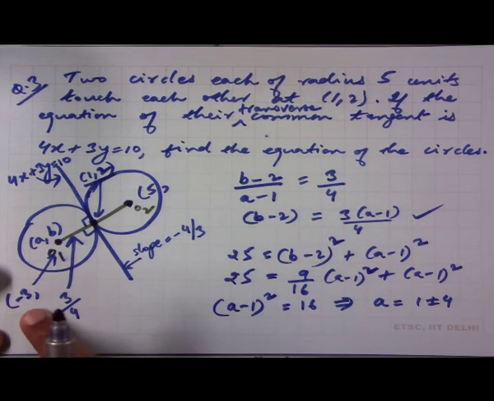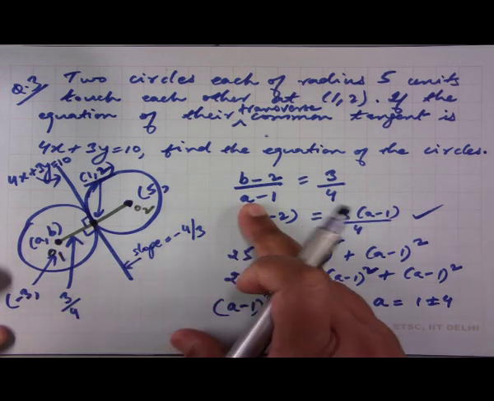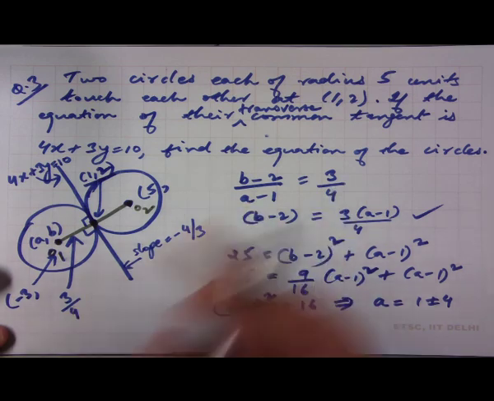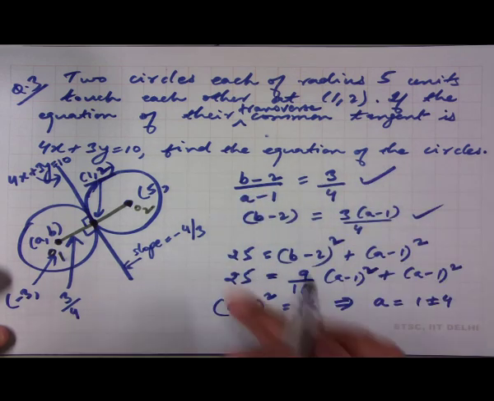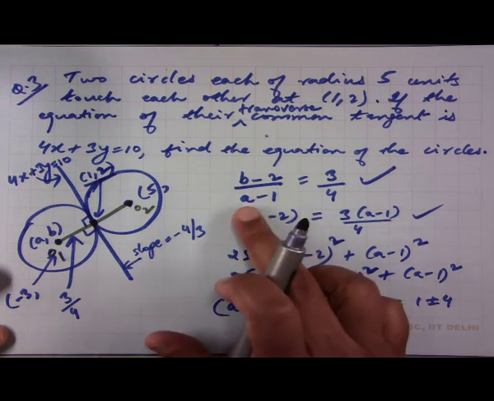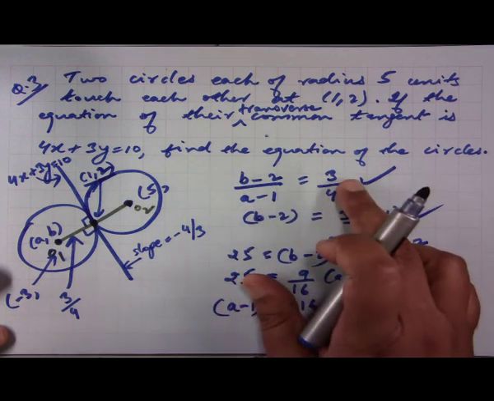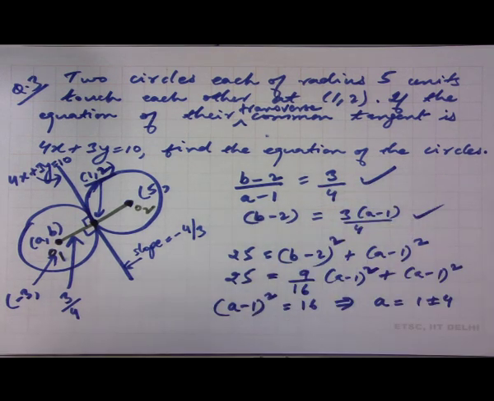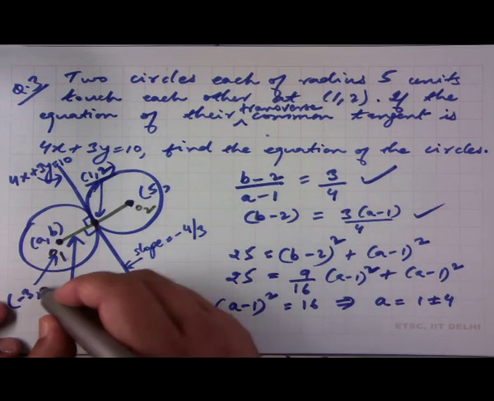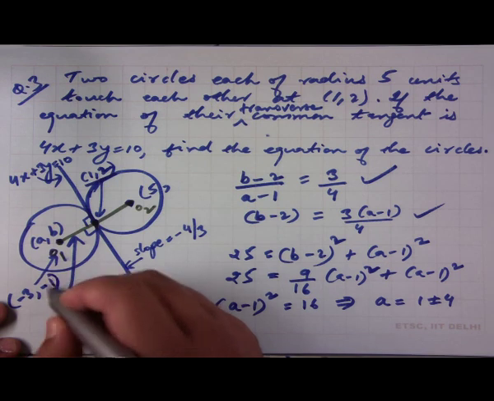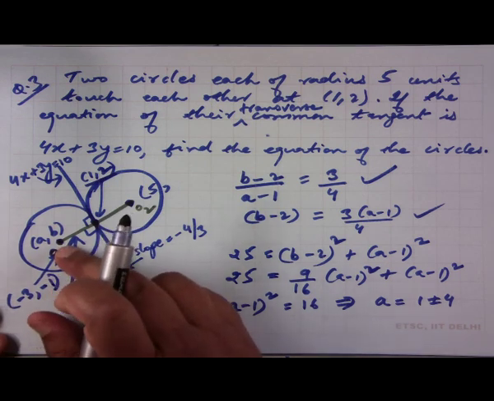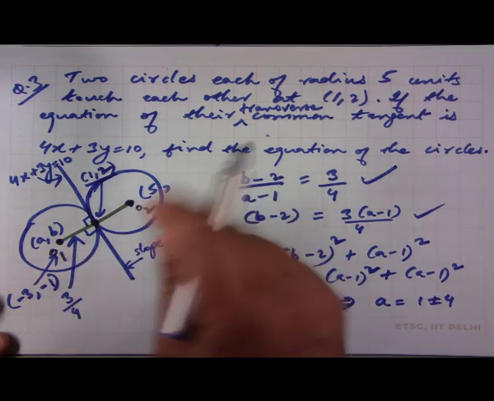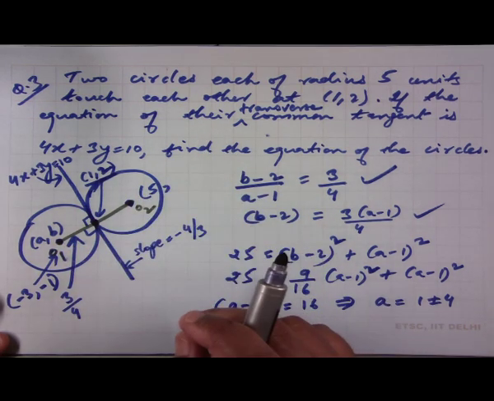And now, if the x coordinate a is minus 3, then for the y coordinate b we can use this equation: b minus 2 will be 3 by 4 into minus 4, which is minus 3, and therefore, b will be equal to minus 1 for this point, and for this point it will be 5.